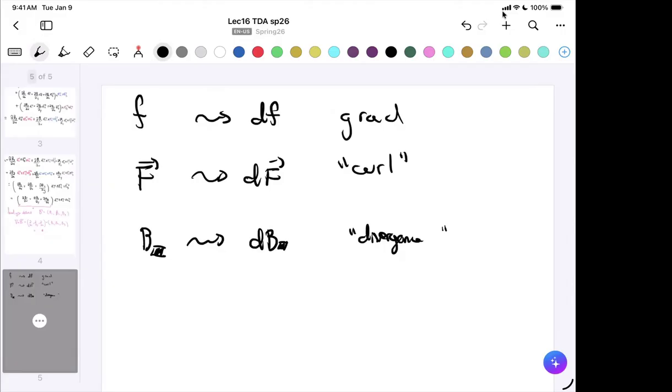So all of Calc 3 is kind of summarized using this exterior derivative business, which is very elegant and very cool.